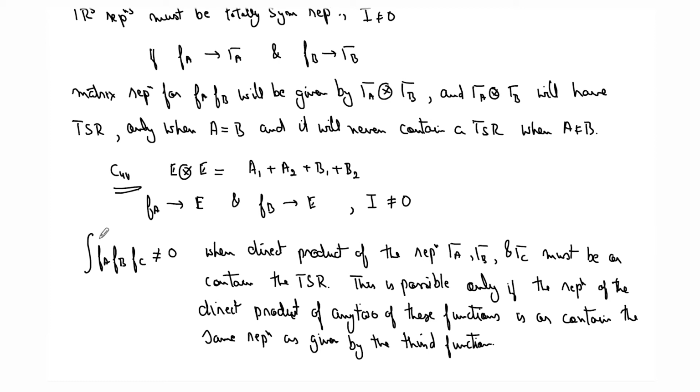So this is possible if the representation of the direct product of any two of these functions, let's say tau A into tau B, must contain tau C, right? Or tau B into tau C must contain tau A, and so on. So let us see how it works.